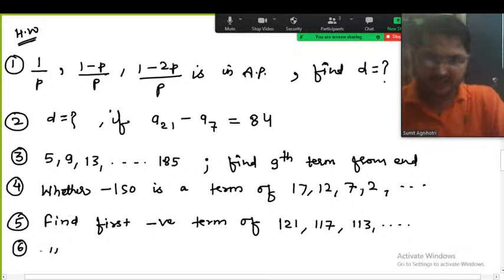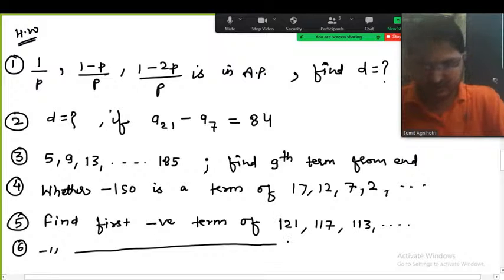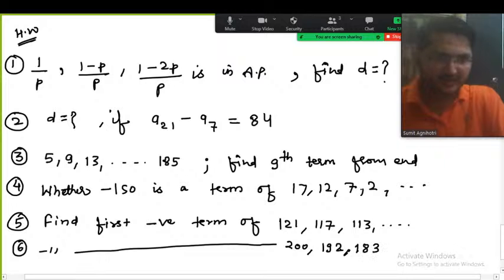One more question: find the first negative term of an AP like this. 200 is the first term, 192 is the next, and 183, and so on.